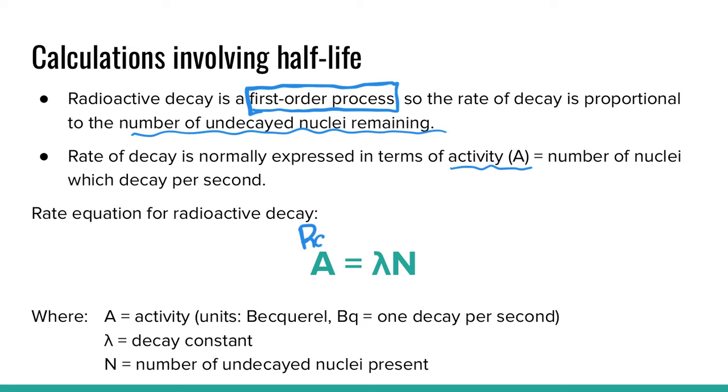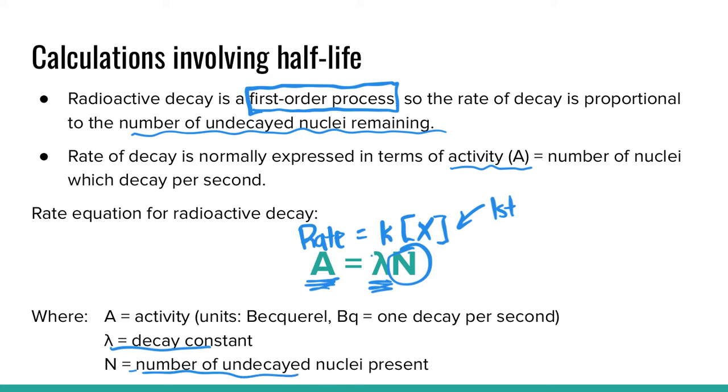Instead of writing rate is equal to k times the concentration, which would be a first order process, we write A for rate, and lambda is our decay constant here. And N is our concentration, so it's actually the number of undecayed nuclei present.